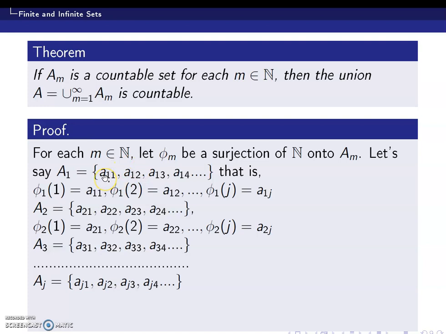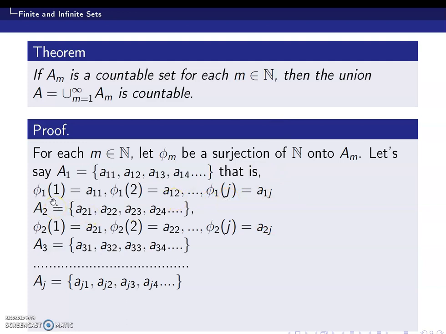Let's say its elements are of the form a11, a12, a13, a14, etc. Then by our notation, there exists a function phi_1 from N to A_1, which means that the first element a11 is the image of phi_1 at 1, a12 is the image of phi_1 at the point 2, a13 is the image of phi_1 at the point 3. In general, a1j is the image of phi_1 at the point j.